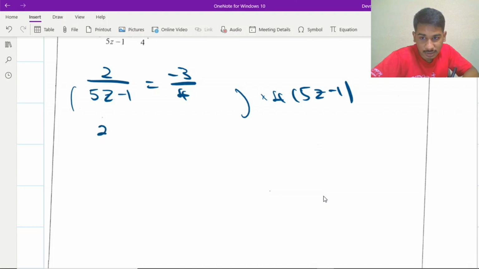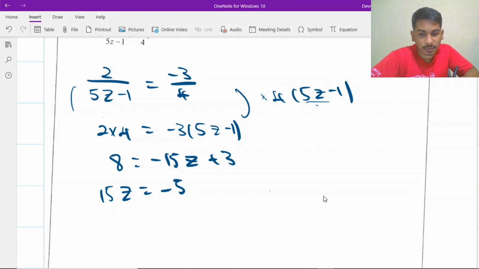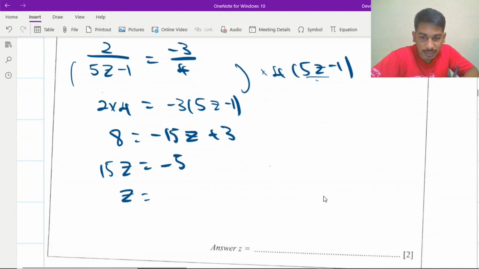We get 4 times 2 times 4. And on this one, the 4 will cancel. We're left over with negative 3 times 5z minus 1. So it's going to be 8 is equal to negative 15z plus 3. Move the 15z there. 15z is equal to 3 minus 8, which is negative 5. Great, so z is going to be negative 1/3.